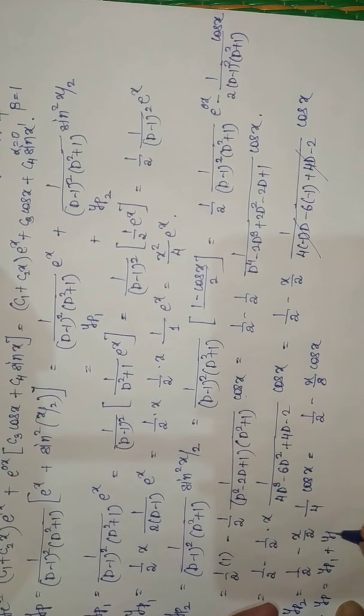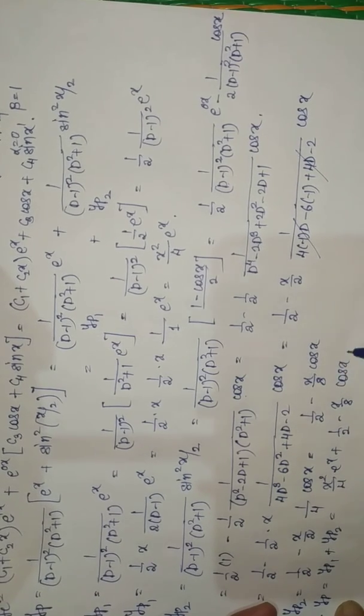So yp1 plus yp2, which is x square by 4 e to the power x plus half minus x by 8 cos x.